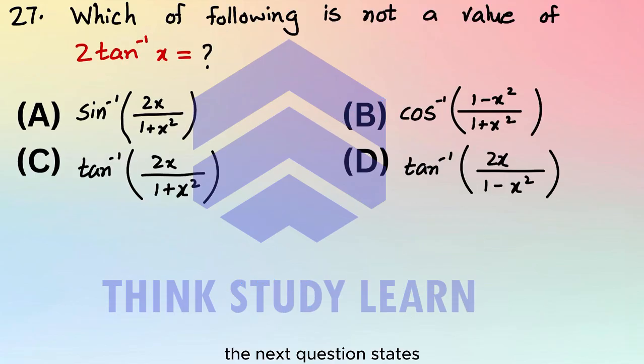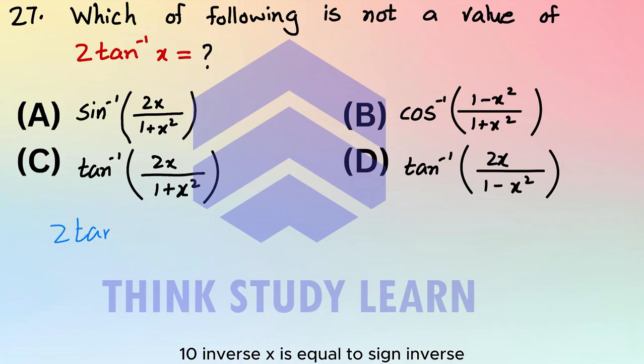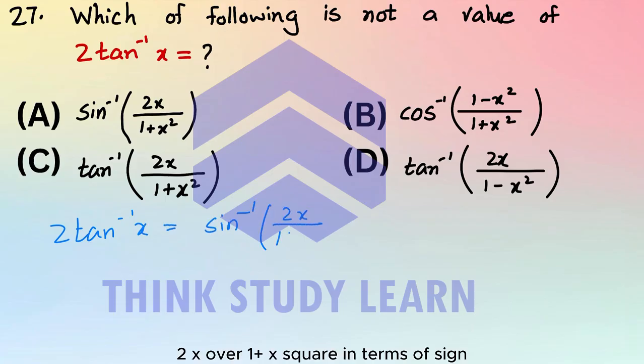The next question states, which of the following is not a value of 2 tan inverse x. So we know that 2 tan inverse x is equal to sine inverse 2x over 1 plus x square.